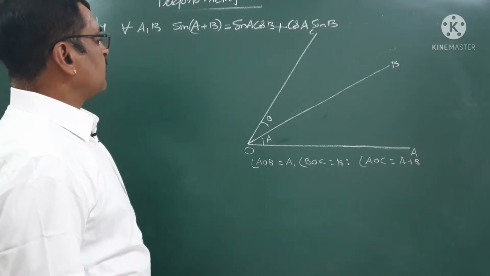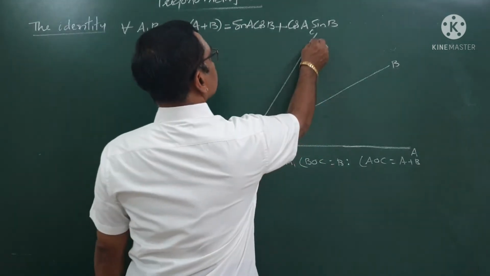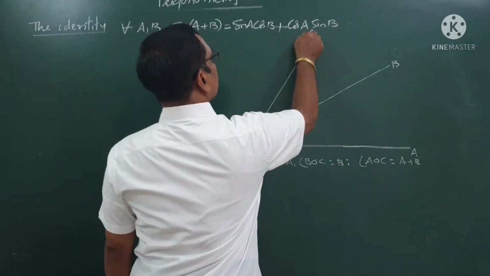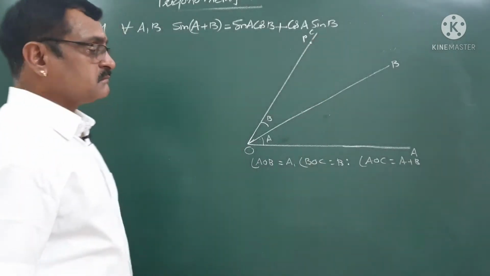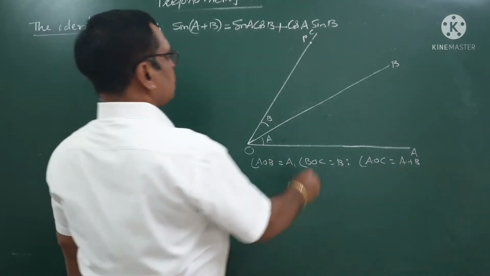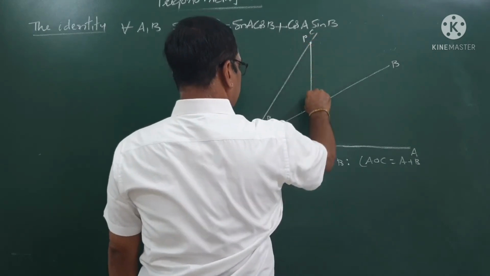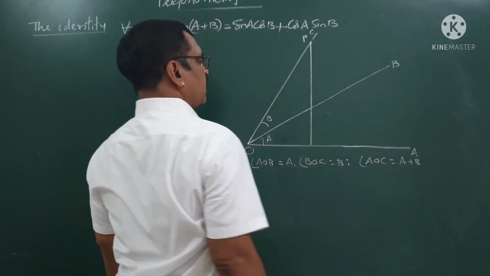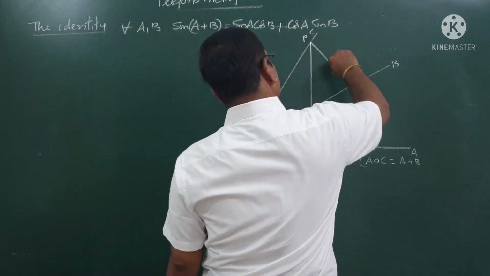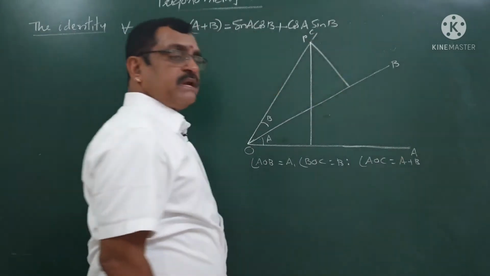Next, I will take a point P on OC. From P, I will draw perpendicular lines to OA as well as OB.